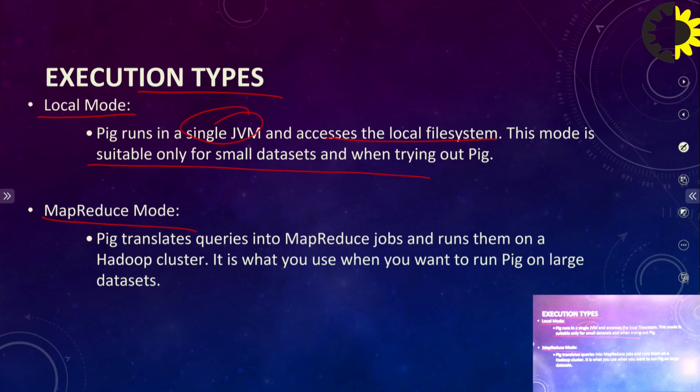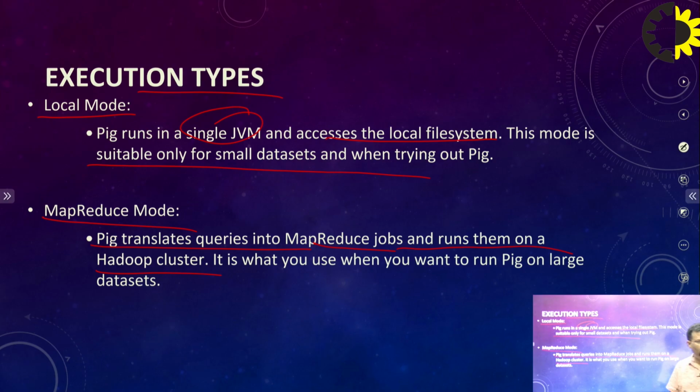MapReduce mode translates queries into MapReduce jobs and runs them on the Hadoop cluster. It is what you use when you want to run PIG on a large data set.